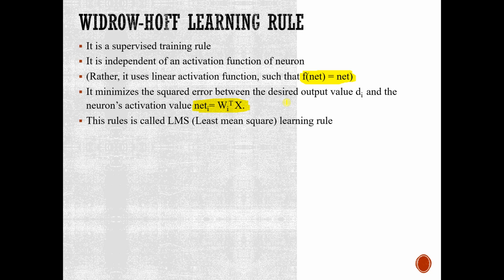So that is the reason it is called the LMS rule, that is least mean square learning rule. Even the delta learning rule was trying to reduce the mean square error. Similarly, Widrow learning rule is also trying to do the same, but Widrow learning rule is given this name, least mean square learning rule.